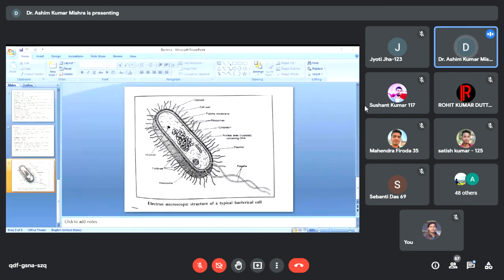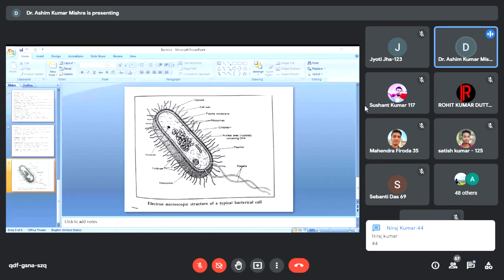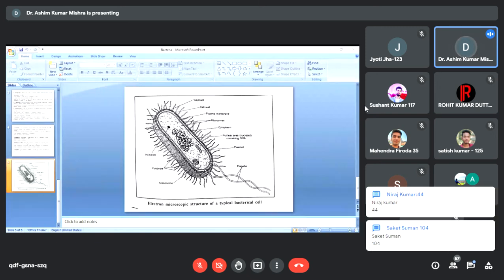Okay, 100x objective. When you put the bacterial cells under the 100x objective, you cannot observe as such. You have to put immersion oil, like cedar wood oil, a drop over the slide which you have made.